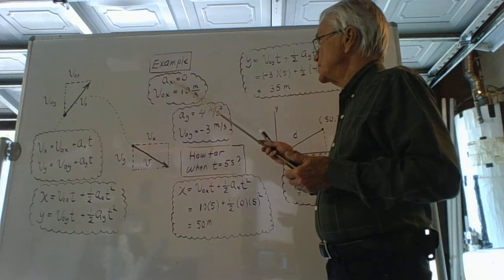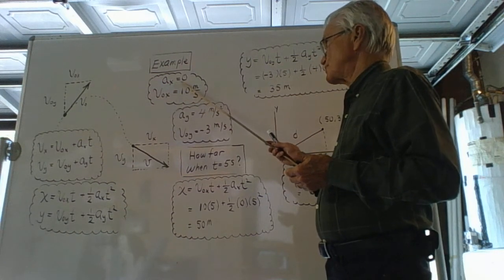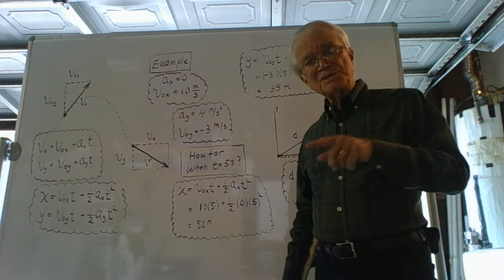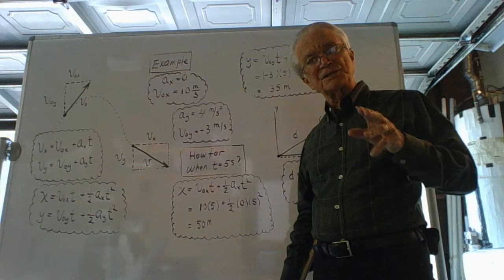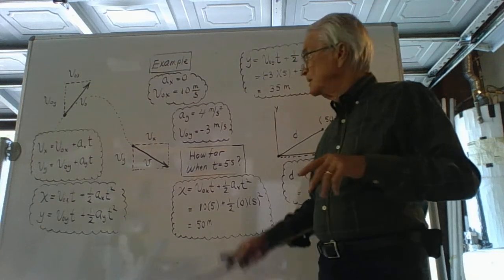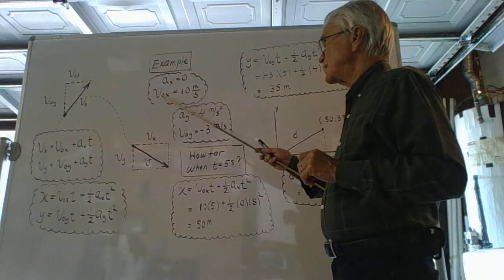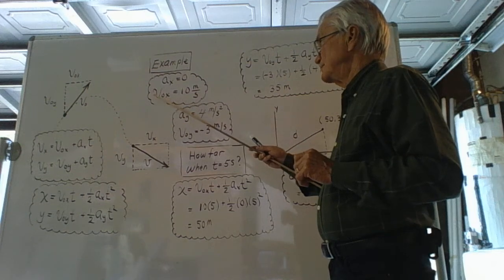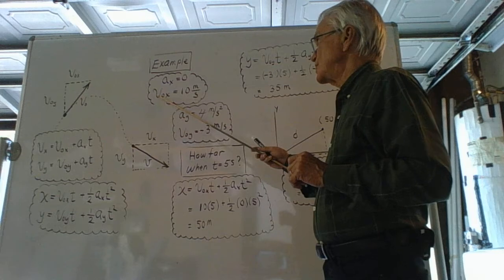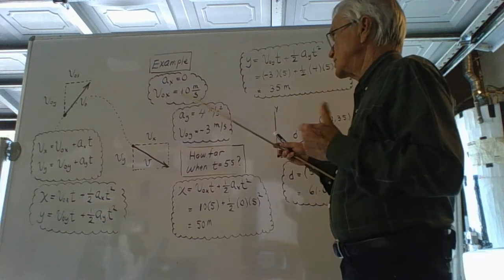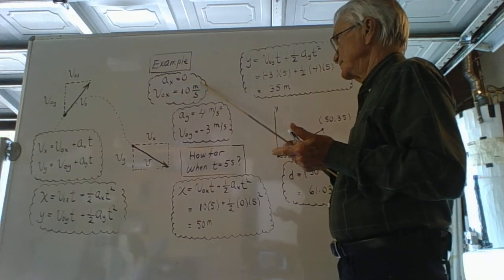The x component of our object's acceleration is 0. That means the velocity along the x direction will not change. Whatever it is, it always is. But the object does have an initial x velocity. v naught subscripted x is the x component of the initial velocity, which I declare is 10 meters per second.